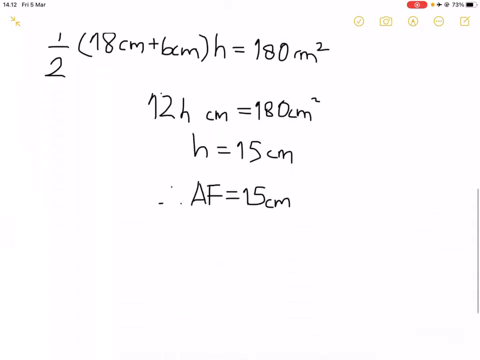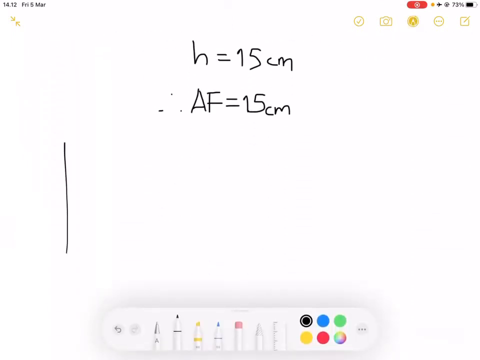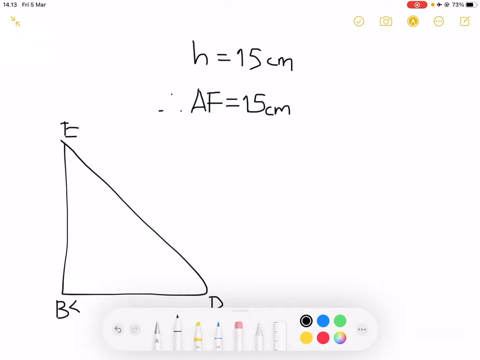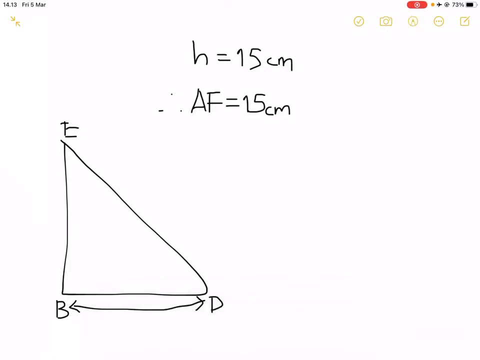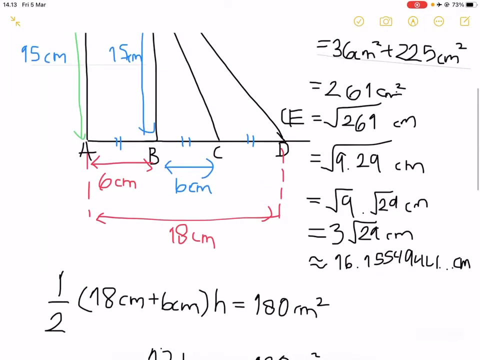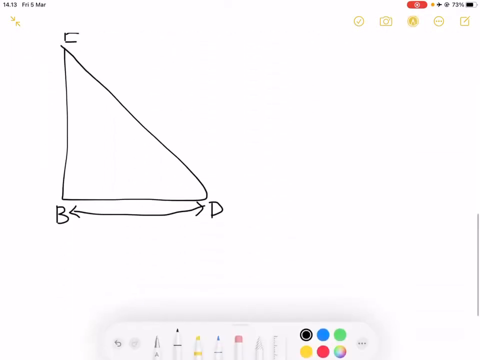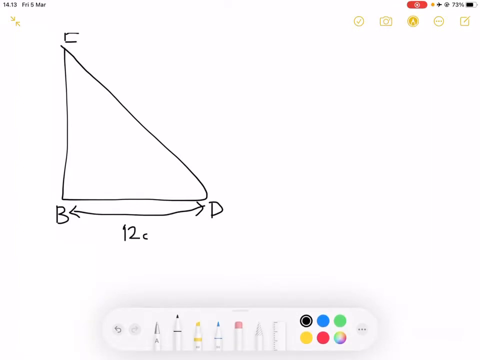So let's just redraw that. You know, this length from our previous picture is 6 centimeters plus 6 centimeters, which is equal to 12 centimeters. The length of BE is 15 centimeters. Alright, so we can just calculate the length DE using the Pythagorean Theorem once again.